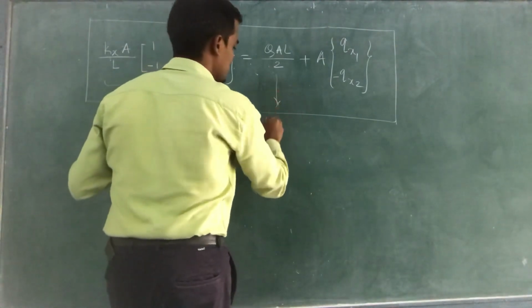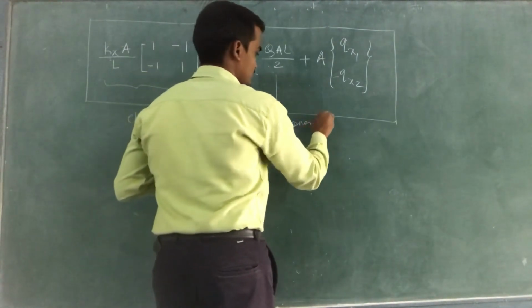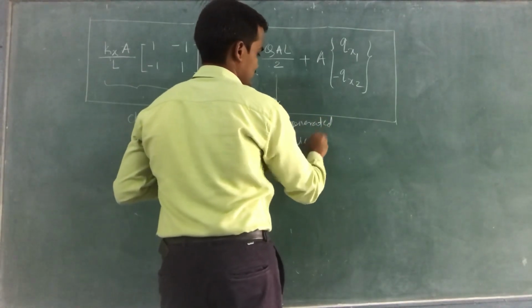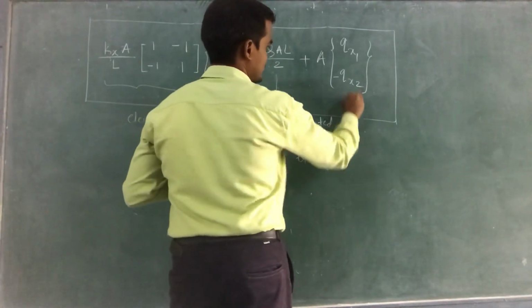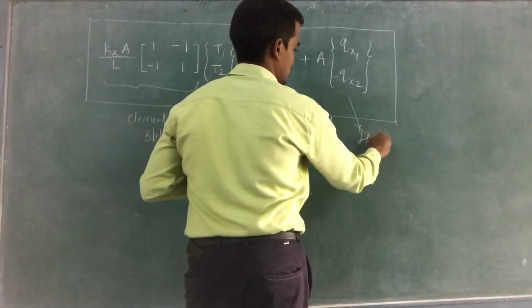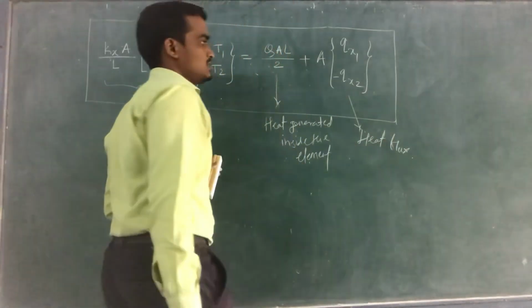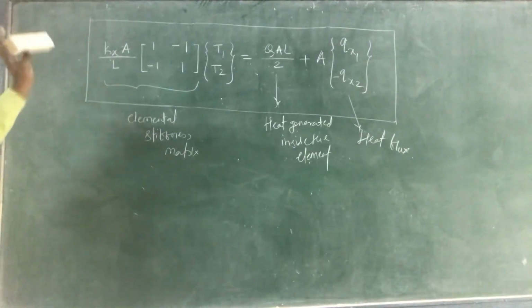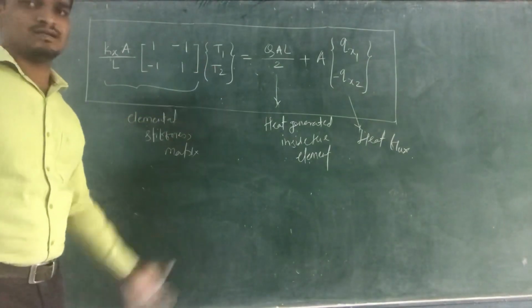This is the heat generation rate, heat generated inside the element, and these are the heat flux going inside and going outside the element. This is the final equation. By using this equation, now you can find out the temperature distribution.